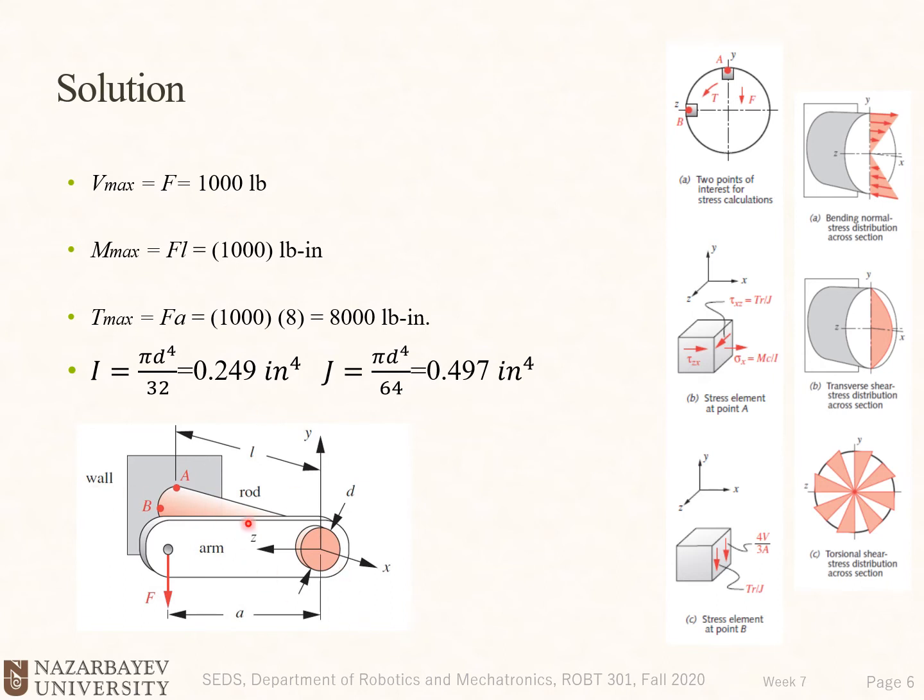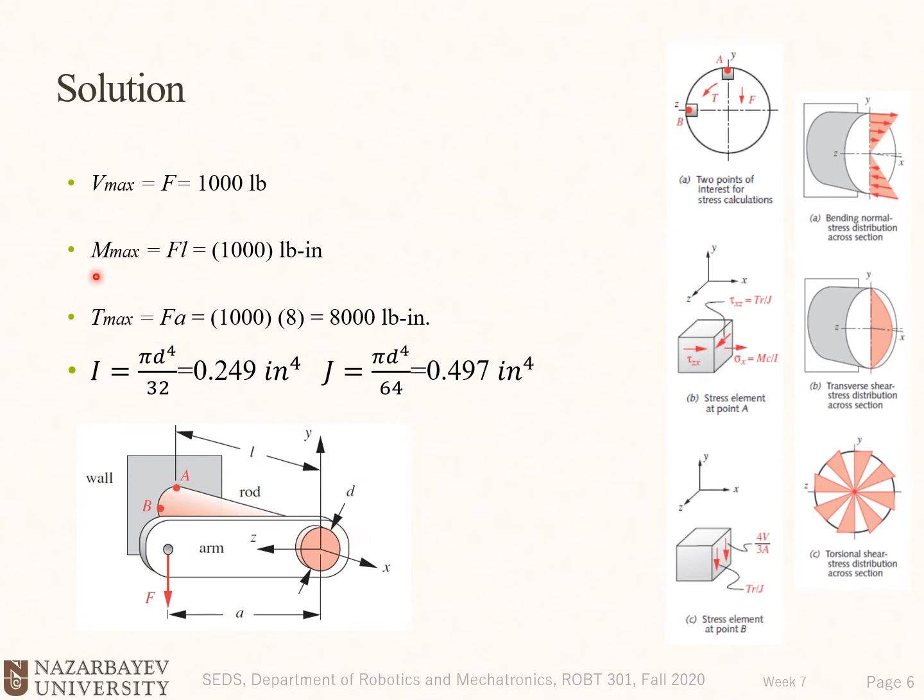You could treat this rod as a cantilever beam, and based on the beam analysis, you could find the shear force and the bending moment across the beam. If you do so, you will see the maximum bending moment happens on the base, and the shear force is constant across the beam.